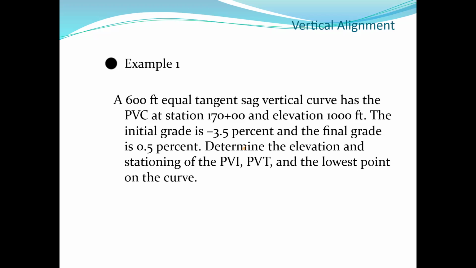So 1,000 feet. The only piece of information that's not yet on the board is the stationing. The station is given to us as 170 plus 00. What does that mean? It's a way of communicating the X value, or the horizontal positioning, of any point on a curve, or not just on a curve, but any kind of roadway alignment.